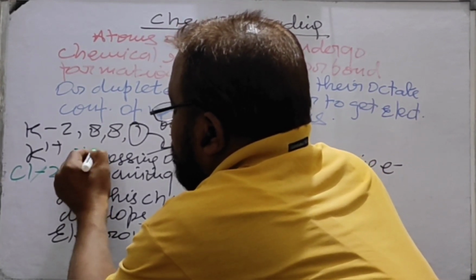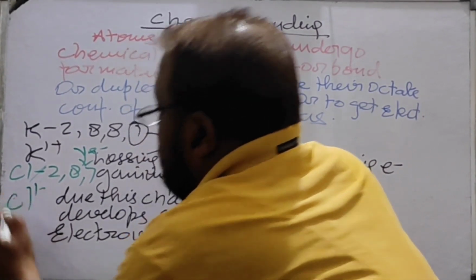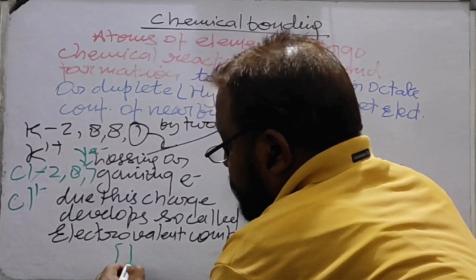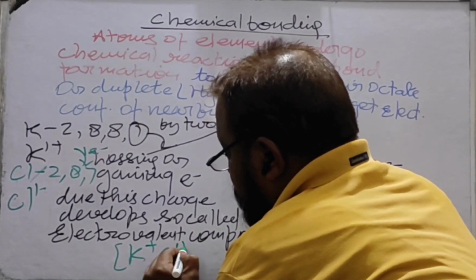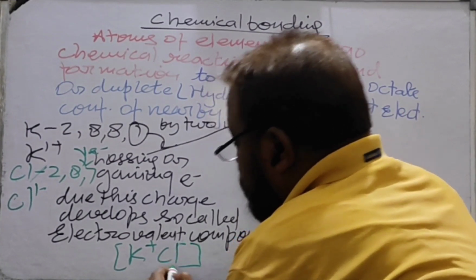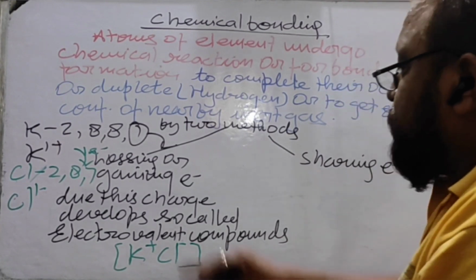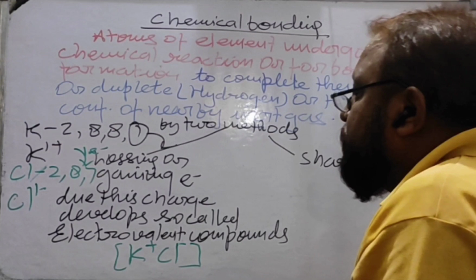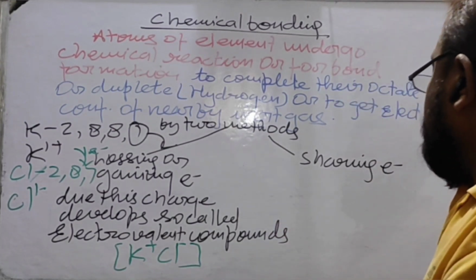It gains one electron and gets a negative charge. So K plus and Cl minus form potassium chloride. It is an ionic or electrovalent compound.